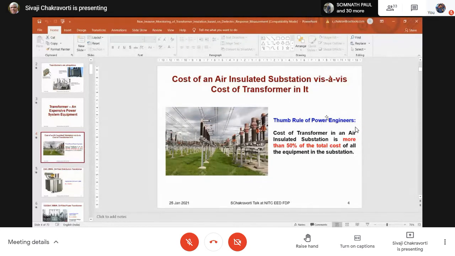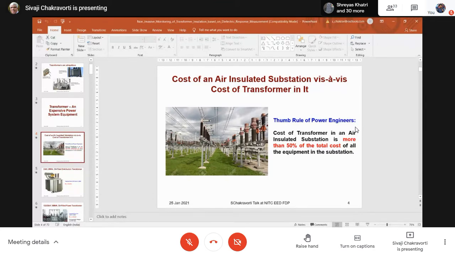So now this thumb rule says that take all the equipment of this substation, whatever you are seeing, and sum up the cost. You get X. Take the cost of the transformer in this substation. It will be Y. That means the cost of the transformer will be about 0.5X.